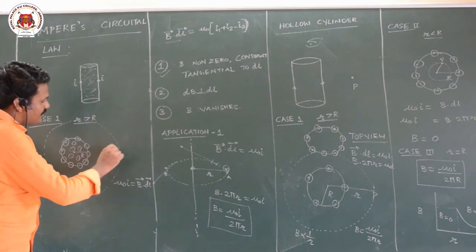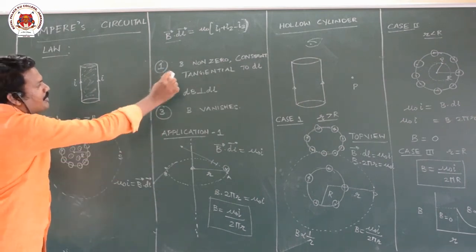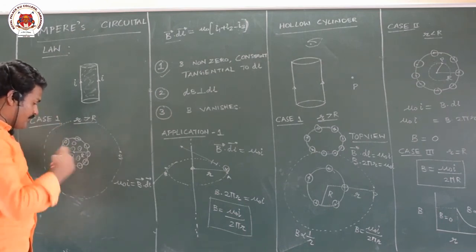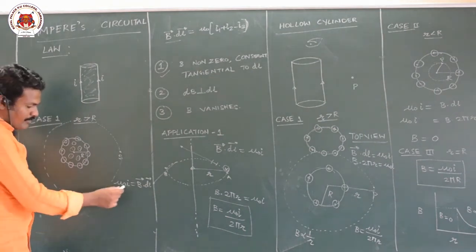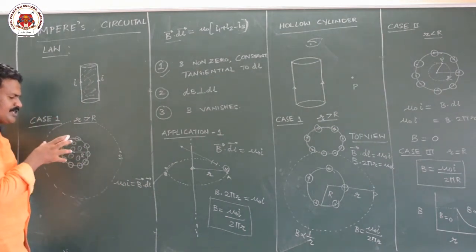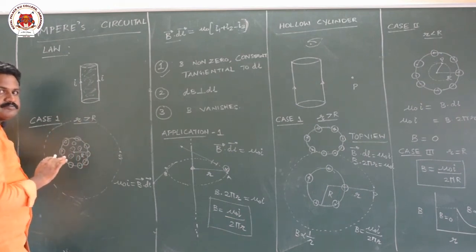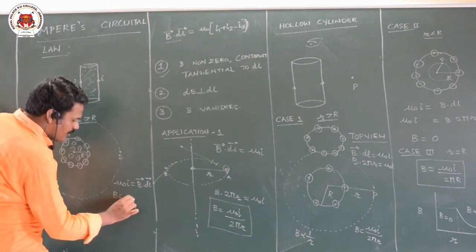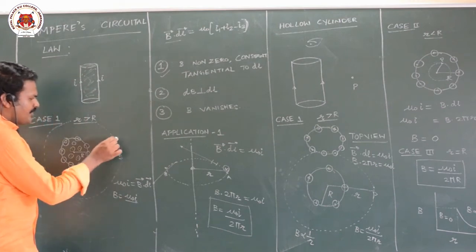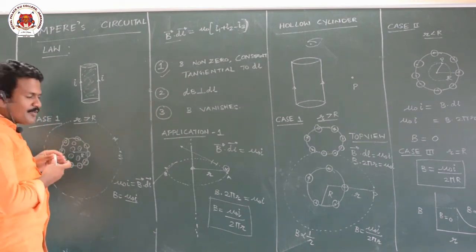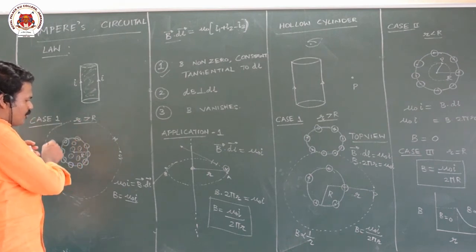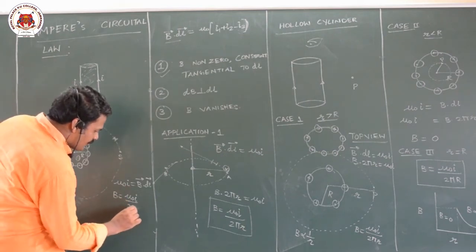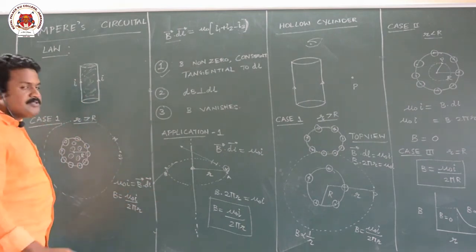Theta will be 0 because B is acting tangentially. The total current flowing inside this wire is present inside my Ampere loop. So B times the integral of dl, where the total value of dl is 2 pi r, equals mu naught I, therefore B is mu naught I by 2 pi r.